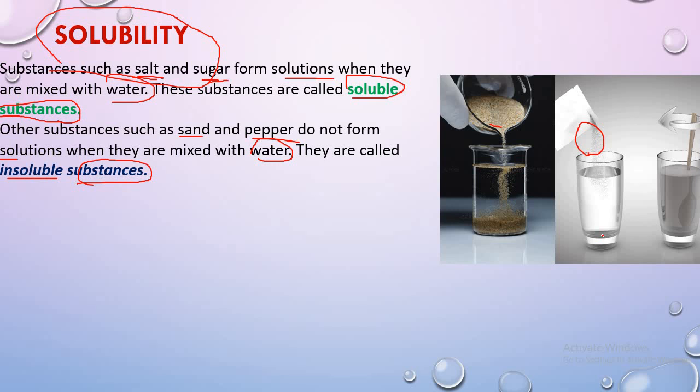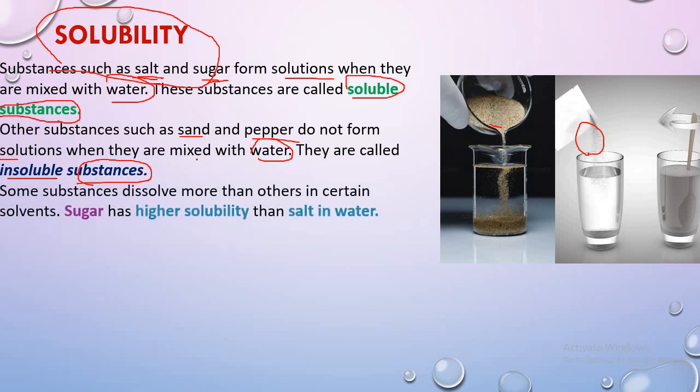So salt and sugar are soluble substances because they dissolve in water, while insoluble substances like sand and pepper don't dissolve when mixed with water.